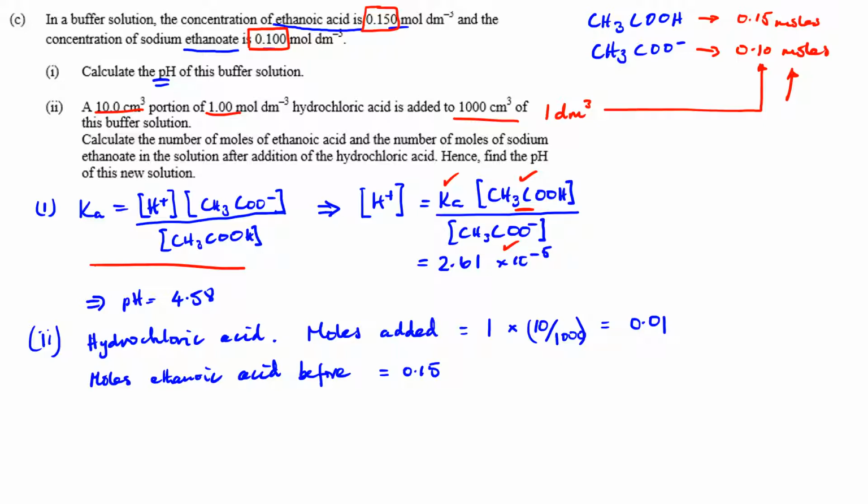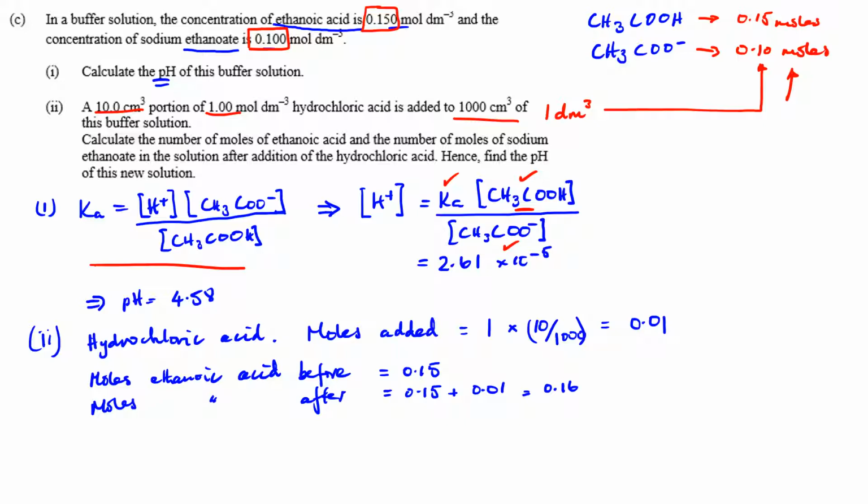And the moles of ethanoic acid after the addition is going to be the 0.15 we started with, but we've created some more with this reaction, another 0.01 moles of ethanoic acid. So we get 0.16 moles of ethanoic acid after adding those hydrogen ions from the hydrochloric acid.